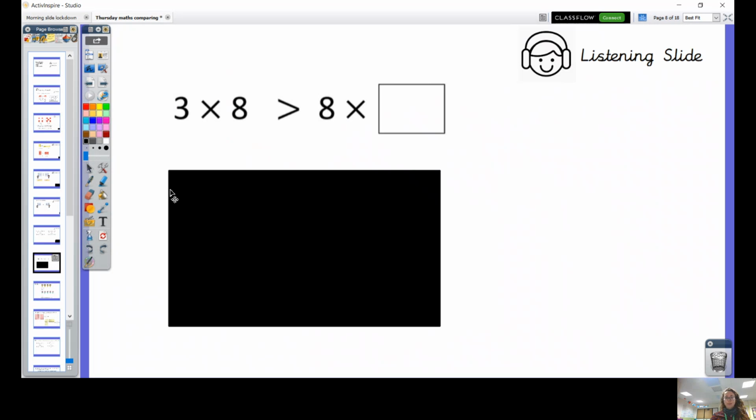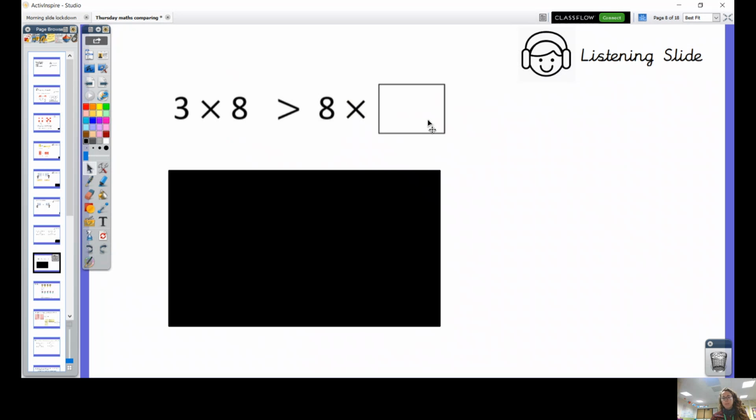Okay, another listening slide from me. I think this is the last one before you have a go at getting on yourself. So here we go. We've got what looks like more of a tricky calculation. We've got 3 times 8 is greater than 8 times something.